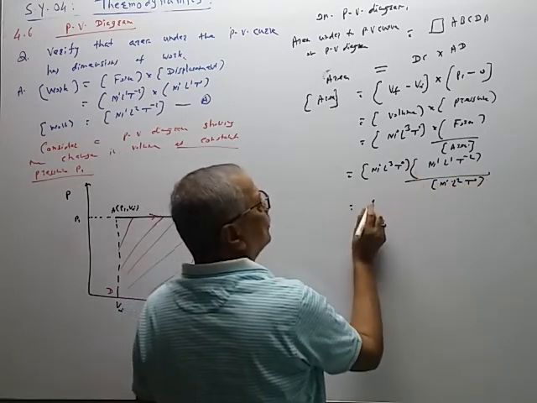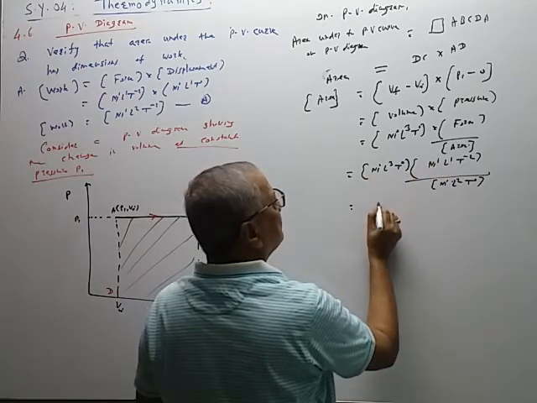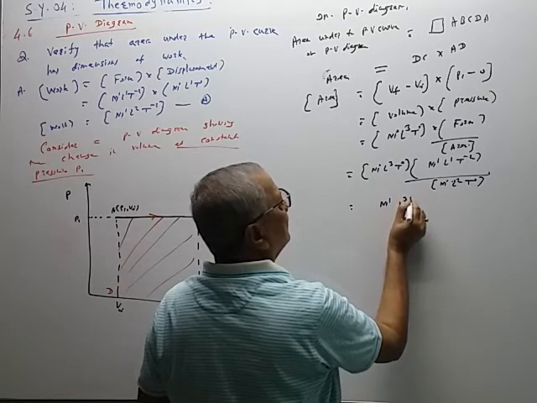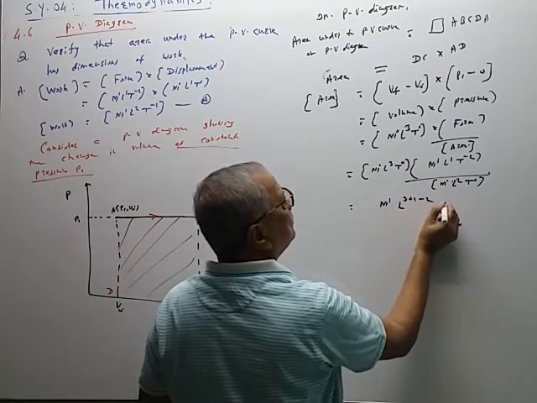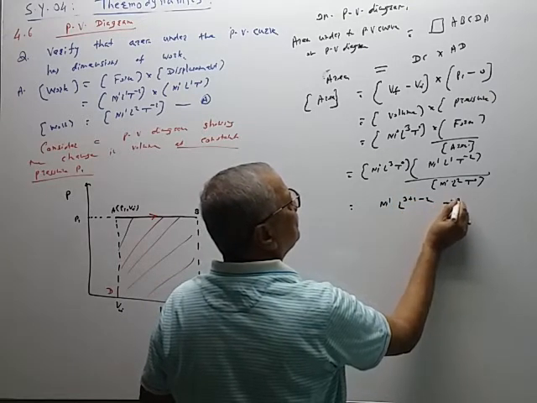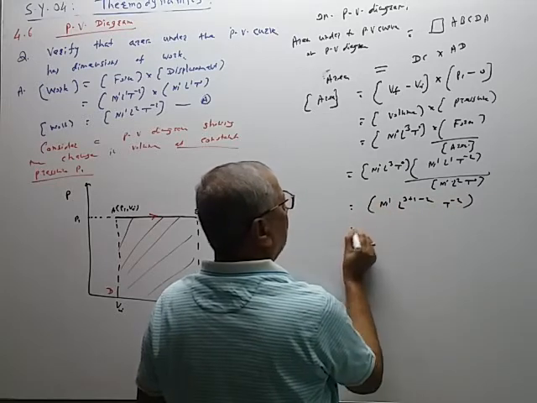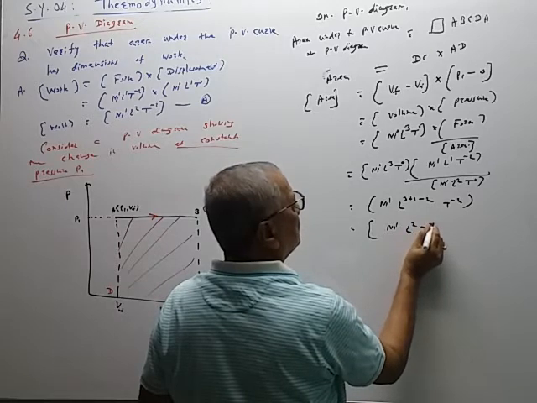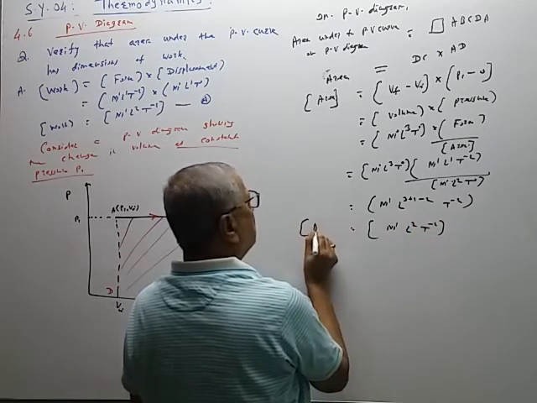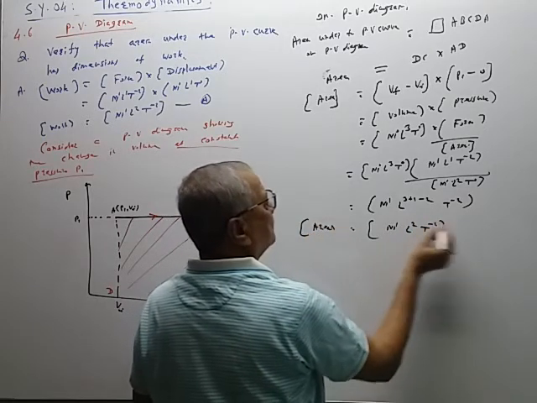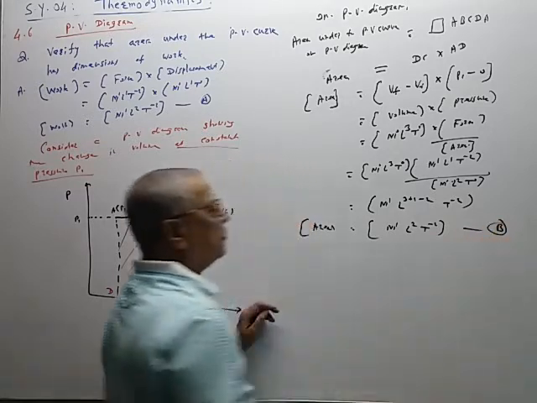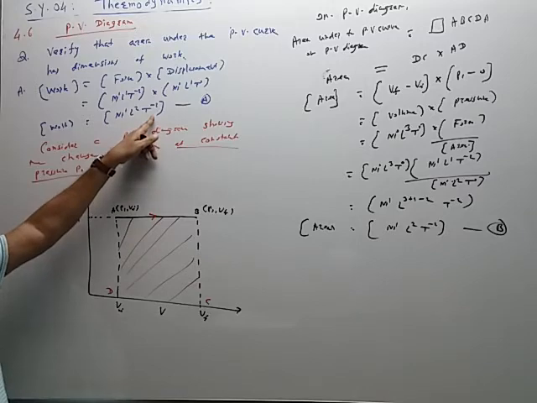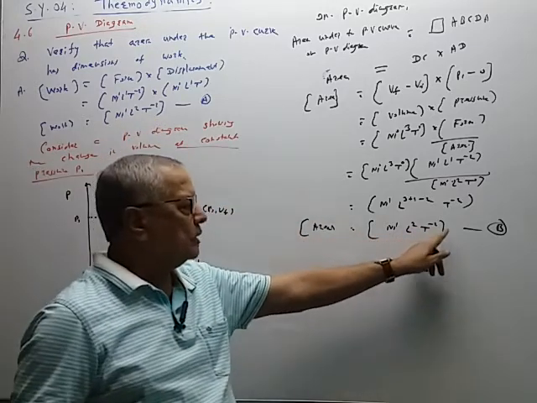So the total dimensions are M raised to 1 minus 0, L raised to 3 plus 1 minus 2 and T raised to only minus 2, and therefore this is equal to M raised to 1, L raised to 2, T raised to minus 2. So dimensions of area on the PV diagram is given by equation B. So see the right hand side, M raised to 1, L raised to 2, T raised to minus 2, M1, L2, T raised to minus 2.